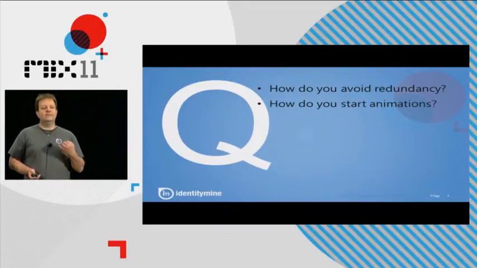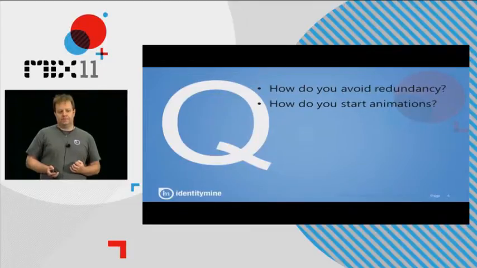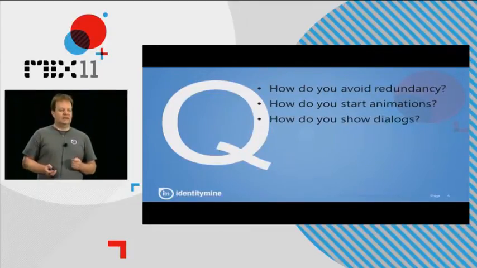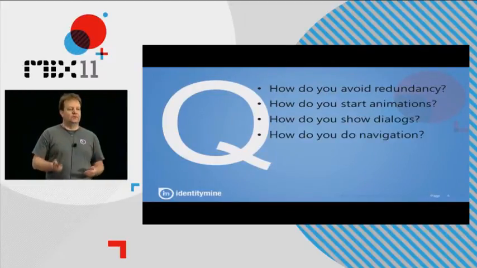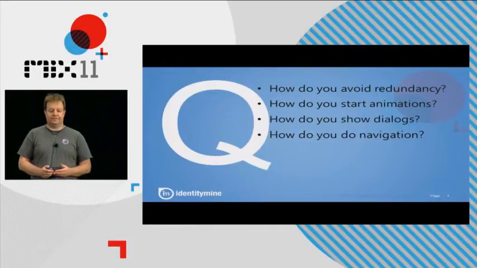How do you start animations from the view model? How do you show dialogues from the view model and get user feedback? How do you do navigation from the view model? So in summary, every time that you have an interaction from the view model to the view, it's a little bit tricky in MVVM. How do you do all that?